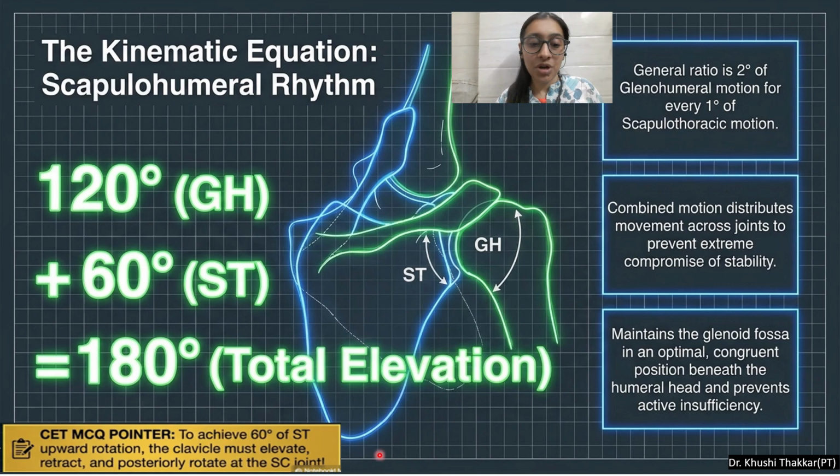Always remember, to achieve 60 degrees of scapulothoracic upward rotation, the clavicle must elevate, retract, and posteriorly rotate at the sternoclavicular joint. This is very important for your Viva and your exam MCQs.